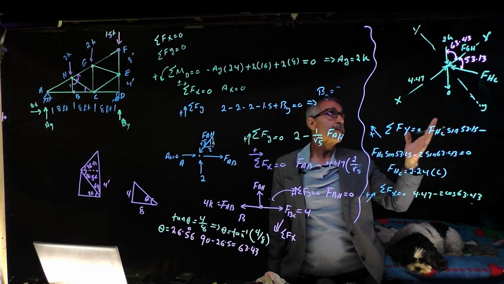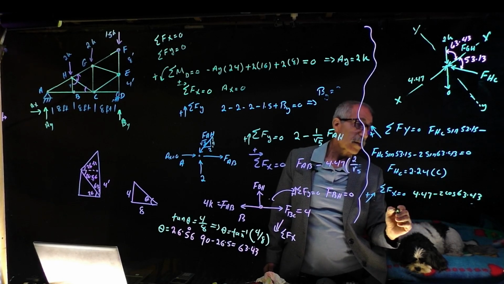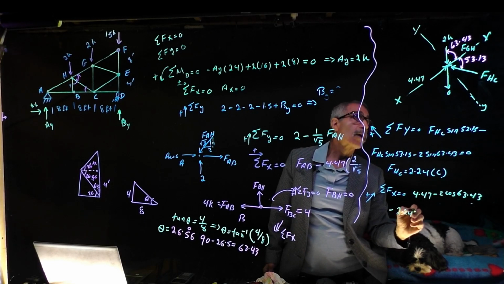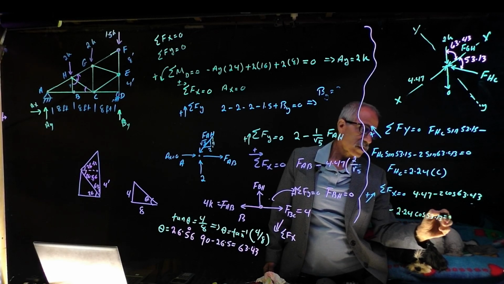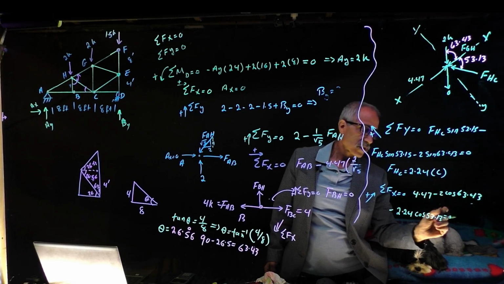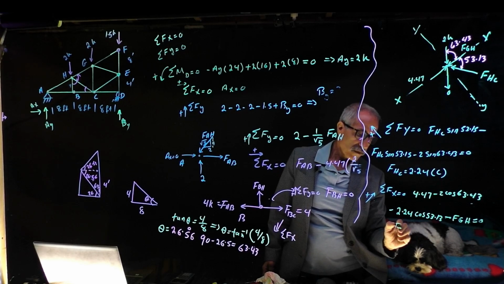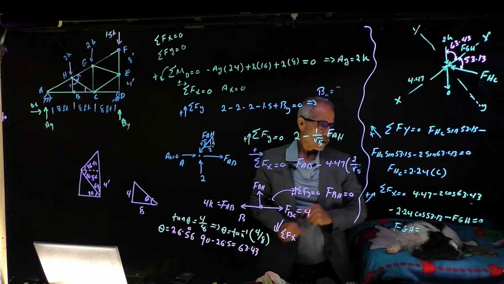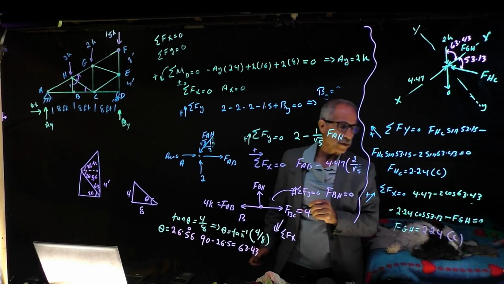It's going to be the opposite, so it's going to be minus also, minus 2.24 cosine 53.13 equals 0. And then I've got minus F of GH equals 0, and F of GH is equal to 2.24, also a compression.